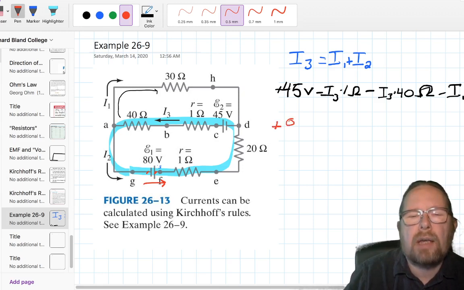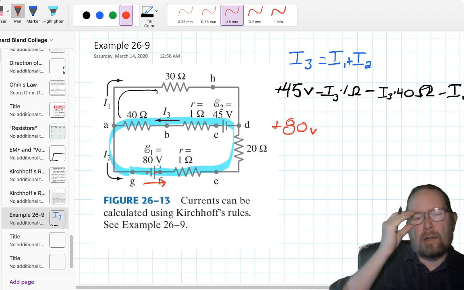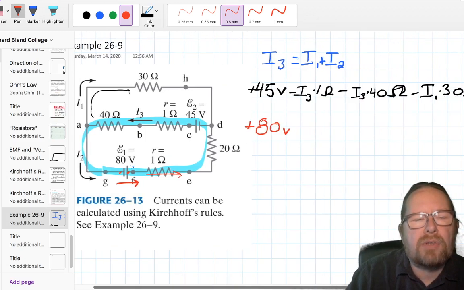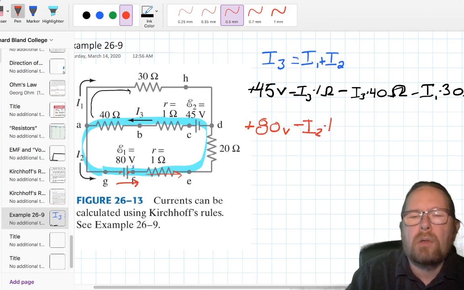So the first thing I encounter is a plus 80 volt increase in my electrical potential. Then I go down a resistor, okay, downhill, losing energy to electrical resistance. Notice this part of the loop I've labeled with the current I2, so that is going to be a potential drop of minus I2 times 1 ohm.